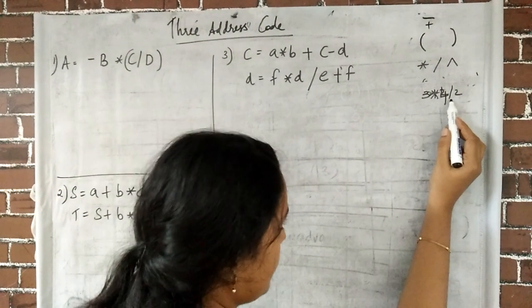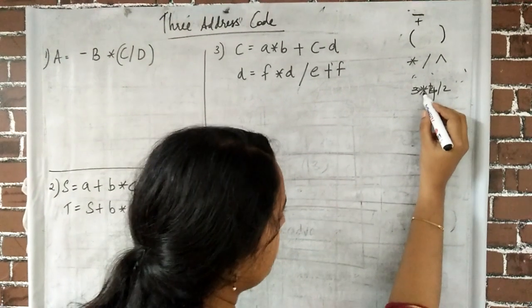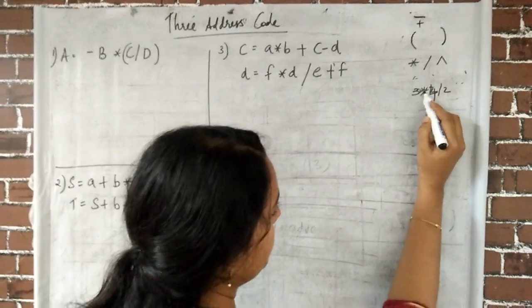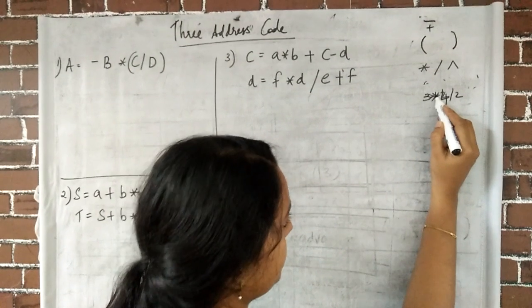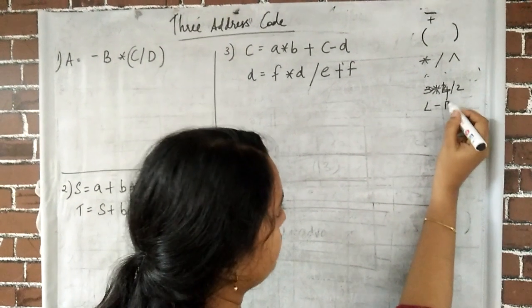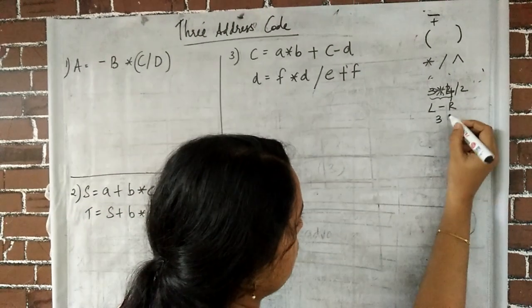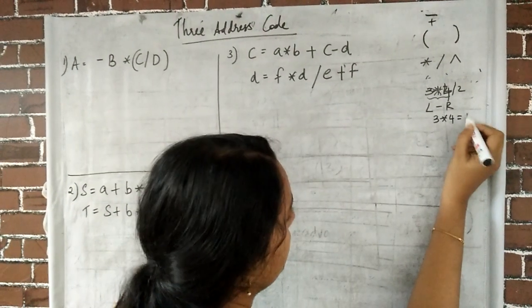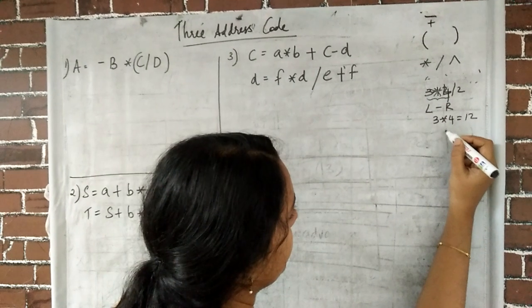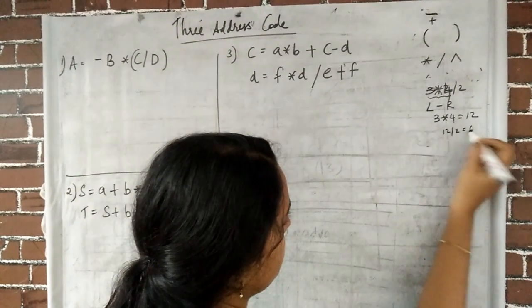These two have the same precedence. So first we will execute the star operation. Why? Because if there are operators with the same precedence, then we have to compute from left to right. On the left side we have the star operation, so first we compute 3 star 4 is equal to 12. Next the division, 12 by 2, which is equal to 6.